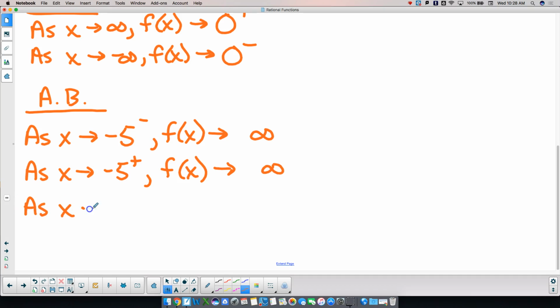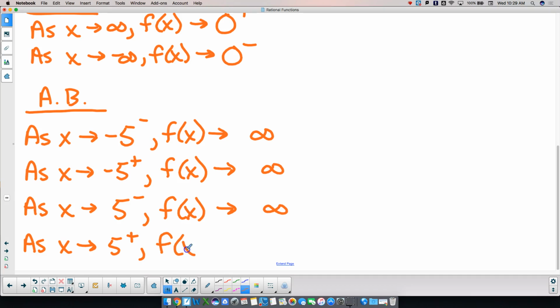As x approaches positive 5 from the left, my function is going to go to some kind of infinity. And as x approaches positive 5 from the right, my function is going to go to some kind of infinity. I just got to figure out what kinds of infinity now.